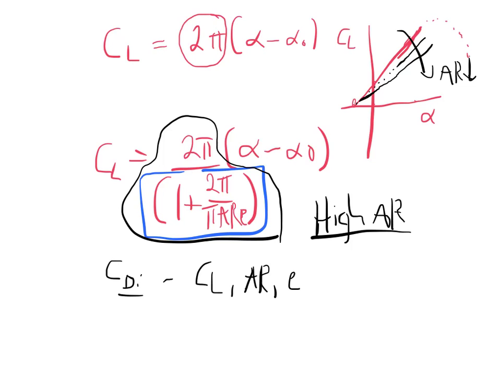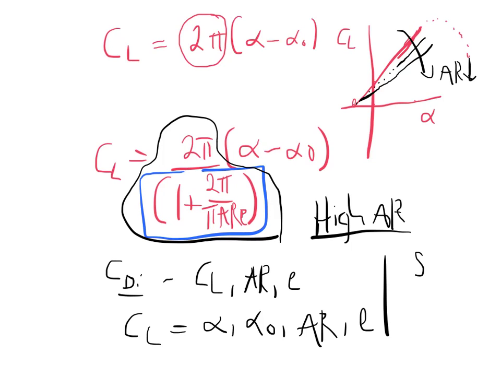to give your induced drag, and then for CL, we need to know the geometric angle of attack. If it's a cambered wing, we need to know alpha naught. If it is a finite wing, we need to know the aspect ratio. If it's a non-elliptic wing, we need to know E, and that should be about it. To actually calculate the lift, now we're getting away from these lift coefficients, you need to know the surface area, the velocity, and the fluid density.